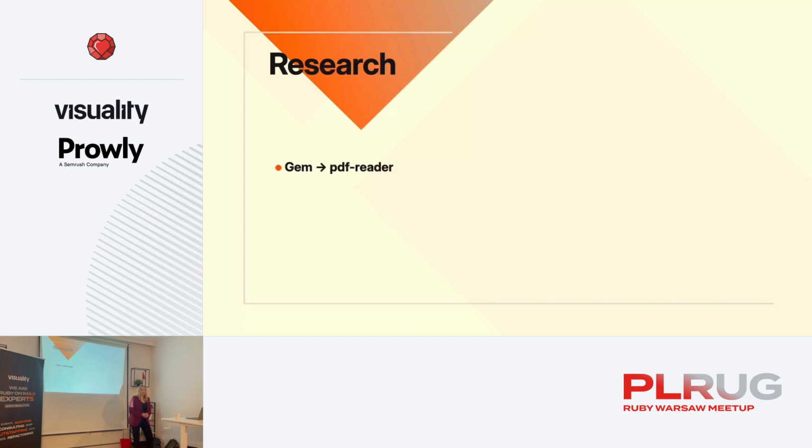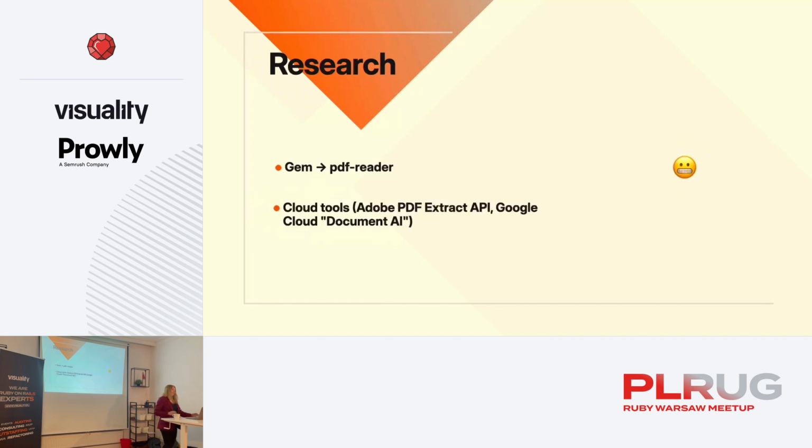If I don't know any keys, if I don't know the names of the attributes, how am I going to retrieve that data? So I knew that this was a no-go. I started to look for another type of tools, and I researched any cloud tools that I could find. The first thing that I saw was Adobe PDF Extract API.